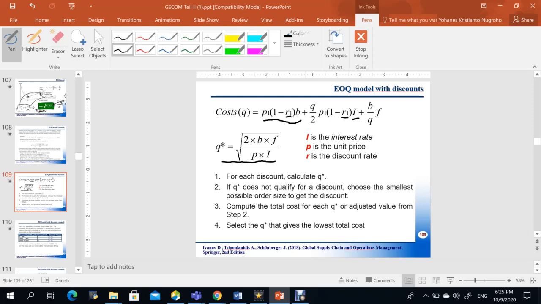If Q star does not qualify for a discount, we choose the smallest possible order size to get the discount, and then we compute the total cost for each Q star or adjusted value from step 2, and then we can select the Q star that gives the lowest total cost. And therefore, we work on the next example to get more understanding about how to operate this discount in the EOQ model.